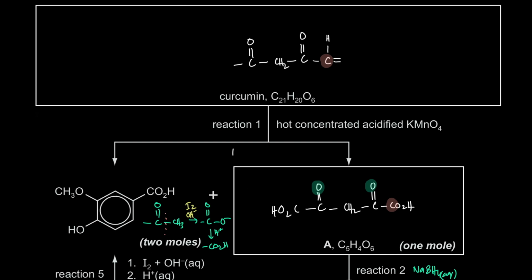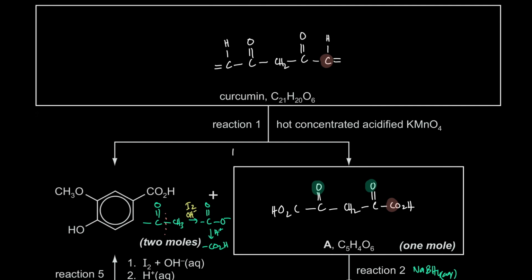So this CO2H is also the result of the strong oxidation of an alkene where the carbon atom is bonded to one hydrogen atom. So this entire portion of curcumin resulted in the formation of compound A.